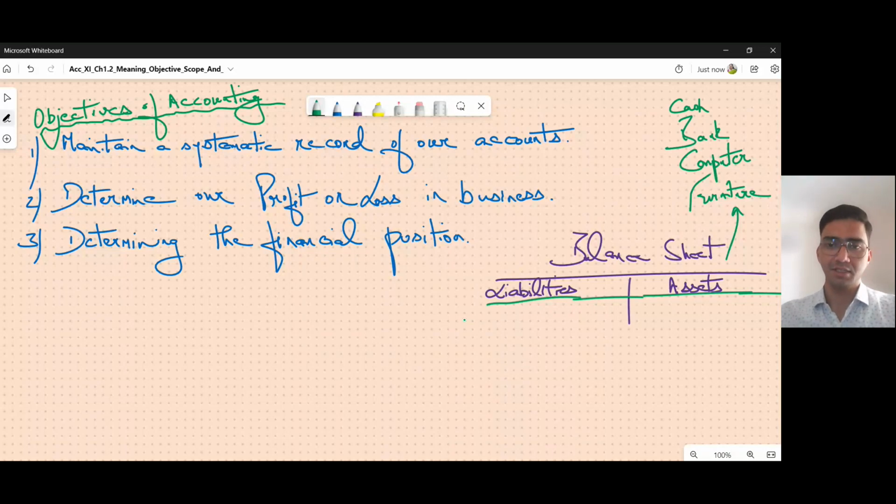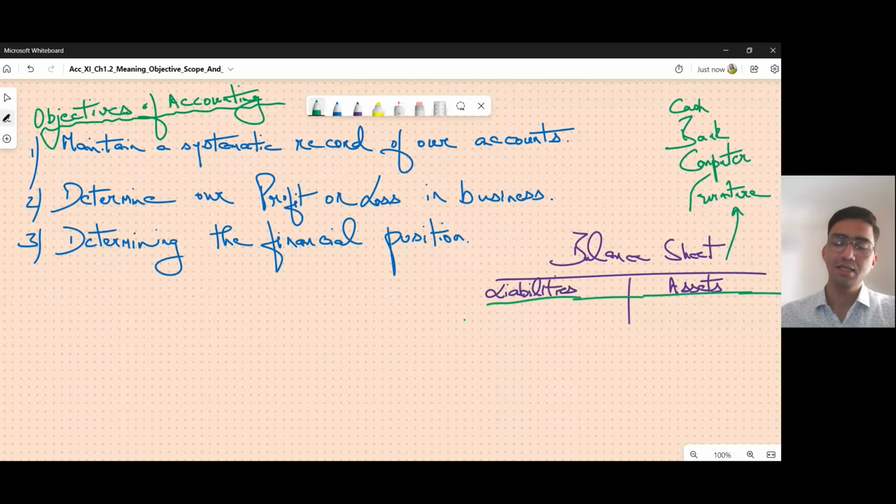So at the end of the year, this point is saying we need to determine the financial position. So at the end of the year, when we are about to find out what is our profit and loss, just like we saw in the last point, when we want to know our financial position, how do we get to know?